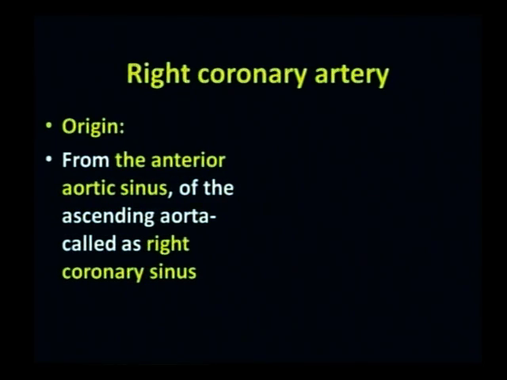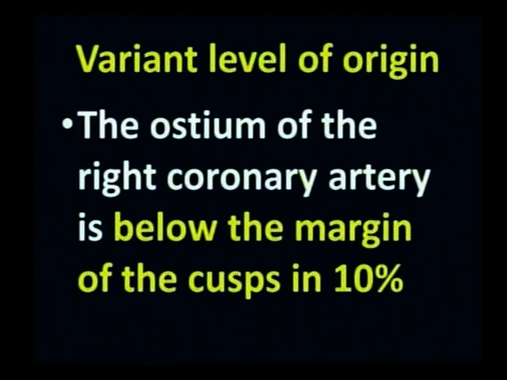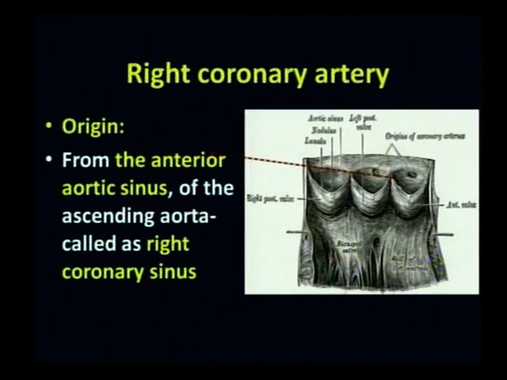The right coronary artery originates from the anterior aortic sinus of the ascending aorta. This anterior aortic sinus can also be called the right coronary sinus. The clinicians say right coronary sinus instead of anterior aortic sinus. So, this is the origin of the right coronary artery.